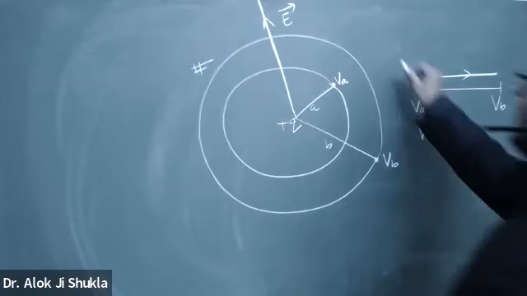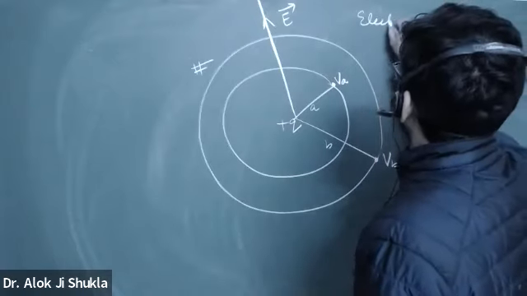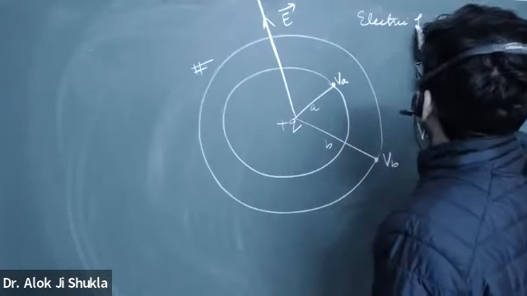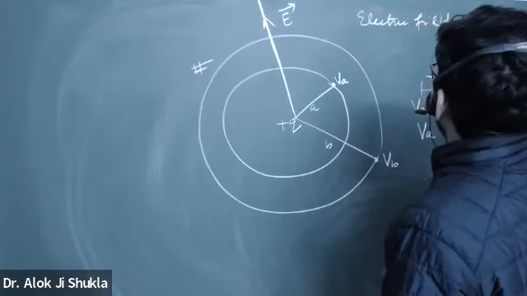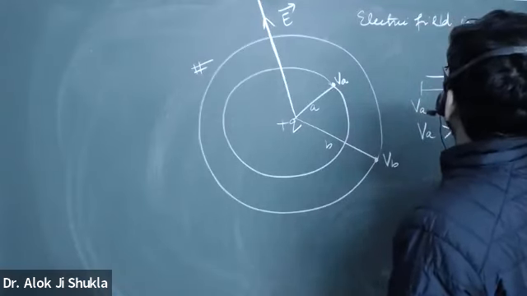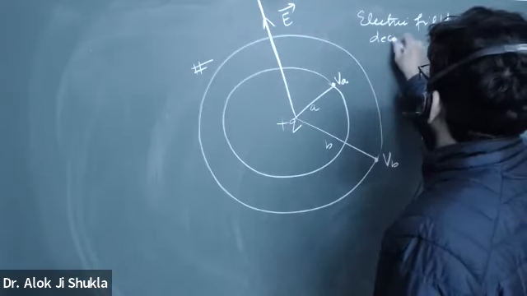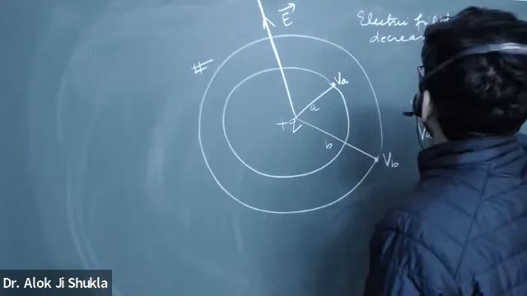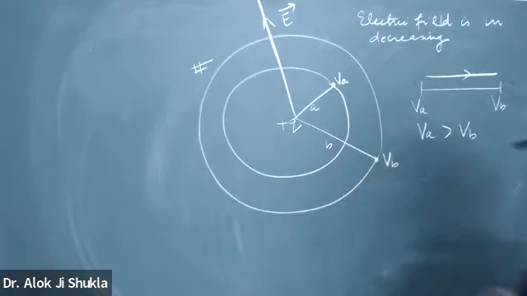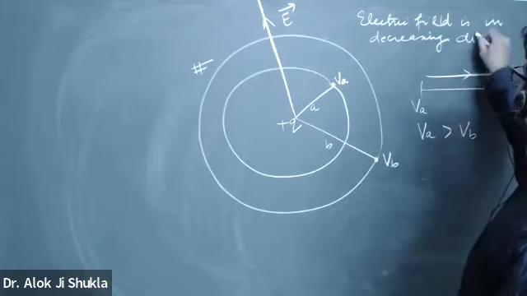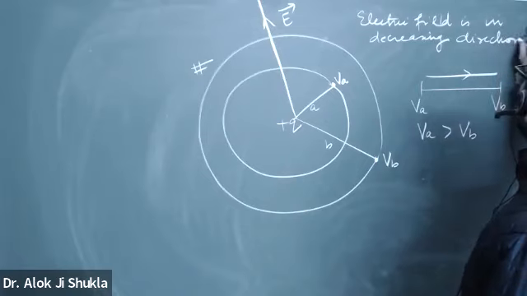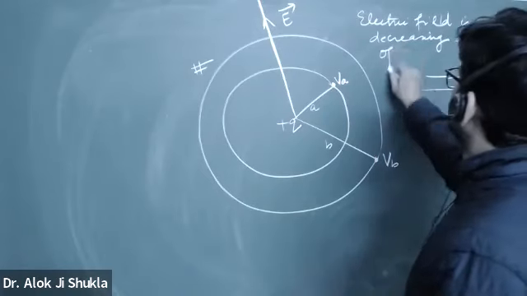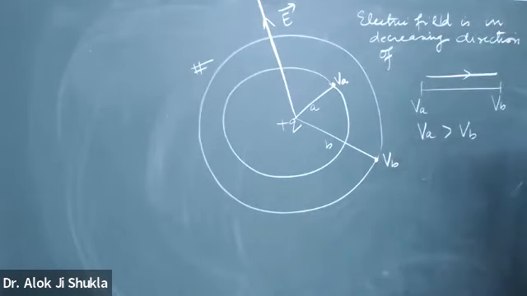So the electric field is in the decreasing direction of potential.